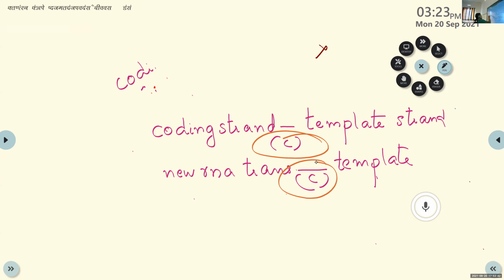That means the sequence present on coding strand and the RNA will be same, except that wherever T is coming in coding strand, you should change it to U in the RNA strand.